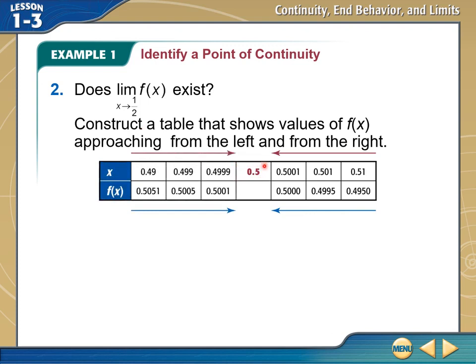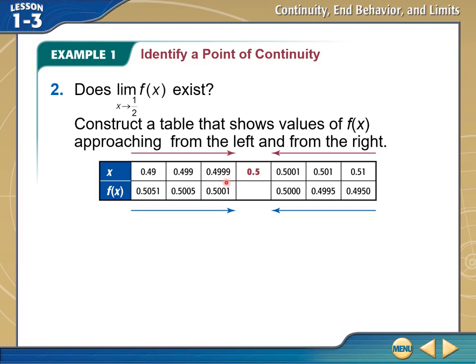You will place a half in the middle. Then numbers that are getting very close to 0.5 but more than 0.5, so for example 0.5001, 0.501, and 0.51. And here it's 0.4999, a number that is just smaller than 0.5. Why am I doing this?